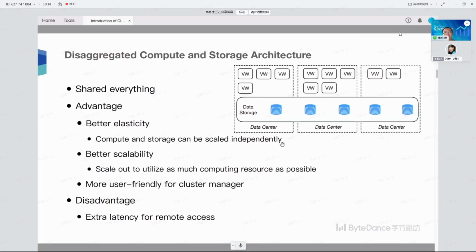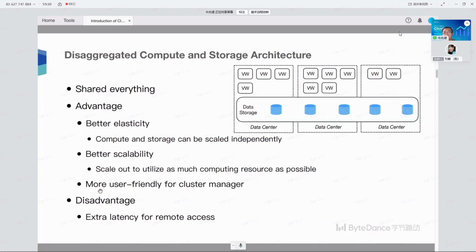If we have more data, we can expand the volume of the data storage layer. The second is better scalability. Because the data can be shared, in theory we can scale out to utilize as much computing resource as possible.